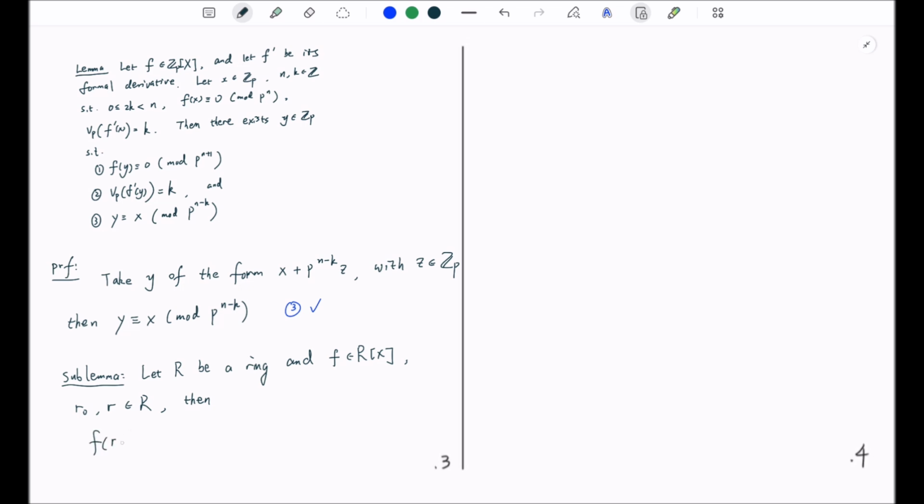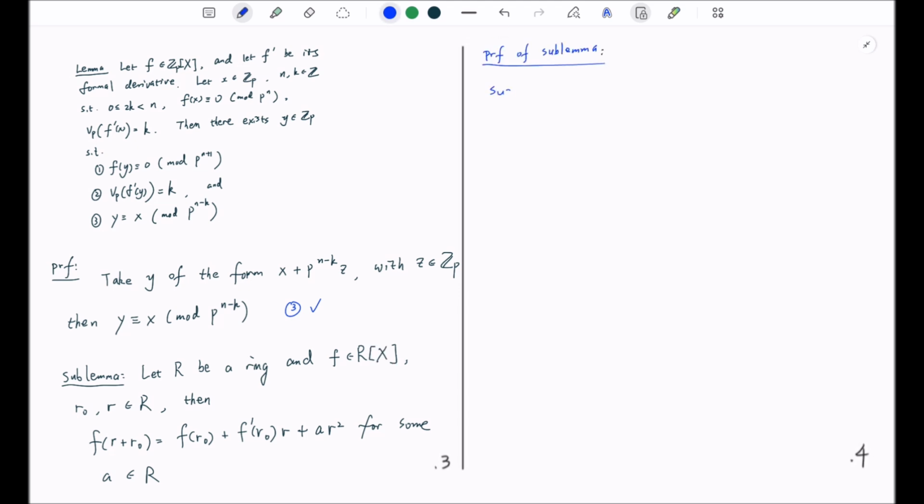F of r plus R0 is equal to F of R0 plus F prime of R0 times r plus a times r squared for some a in R. And now let's prove this sublemma.